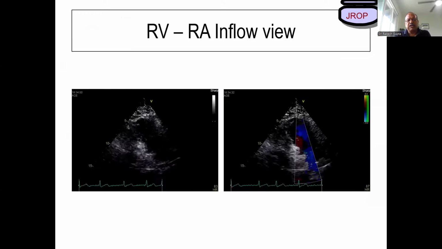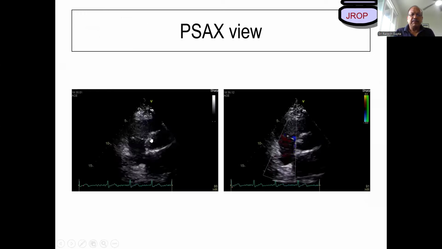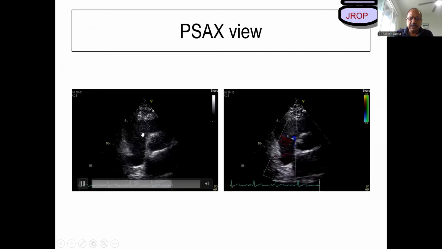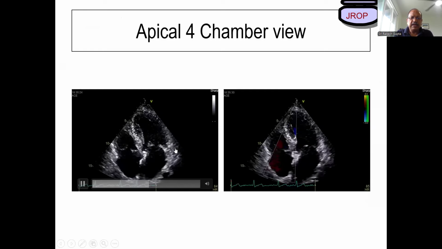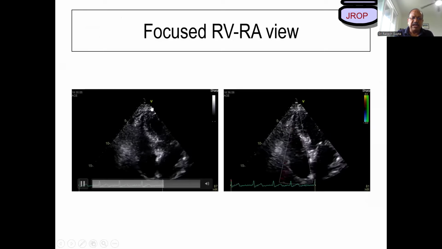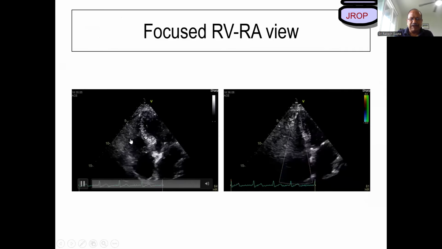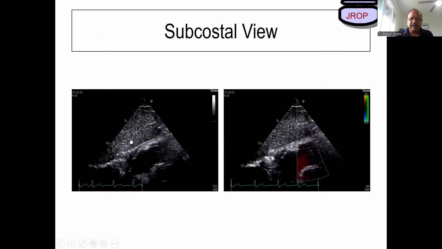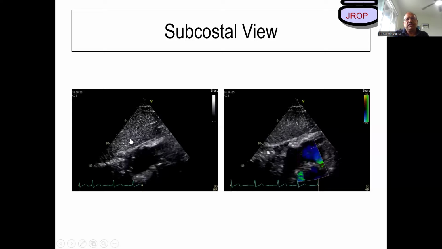So we go to the basal short axis view at aorta, the RV inflow view, then the 4-chamber view, and then the focused RV-RA view. Here LV and LA become sideline, and we are focusing on RV and RA. And finally the subcostal window for evaluation of tricuspid jet severity.